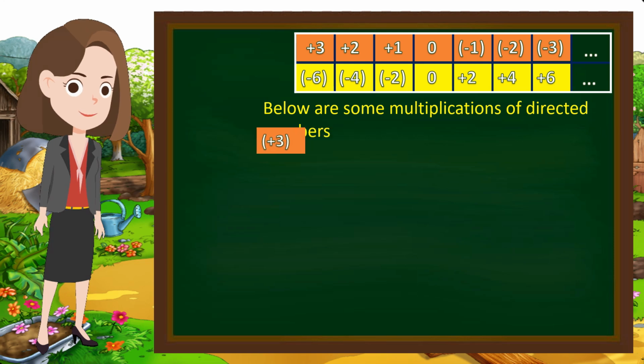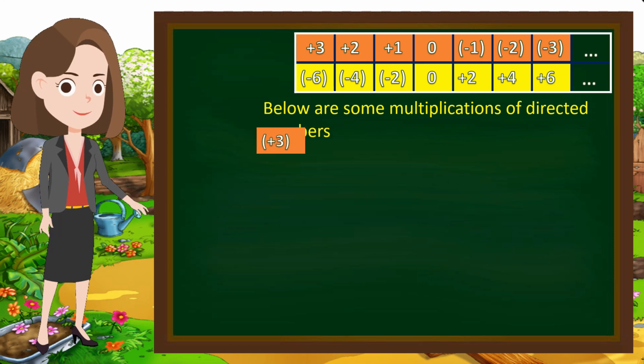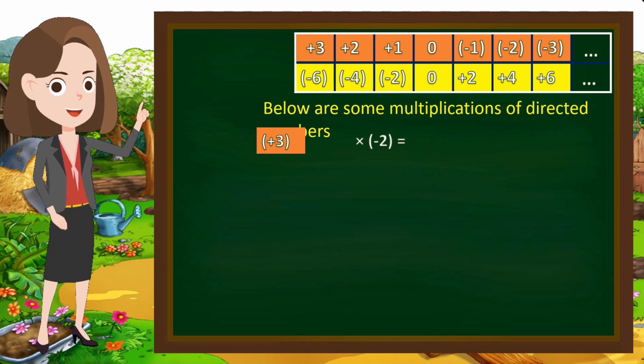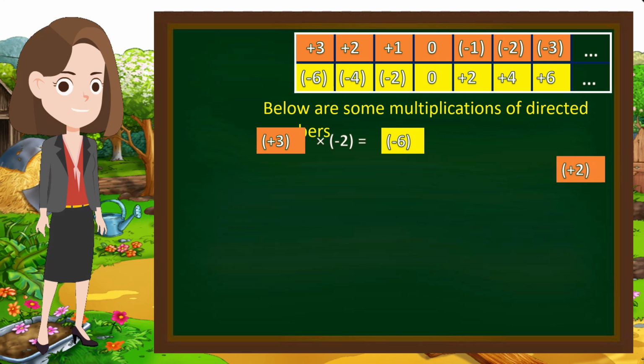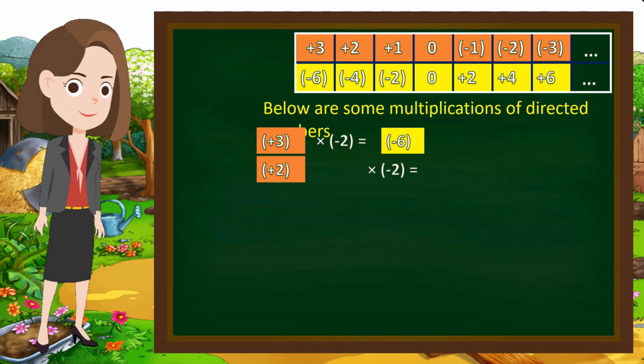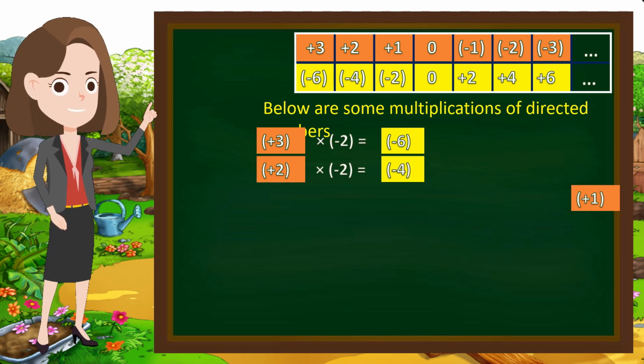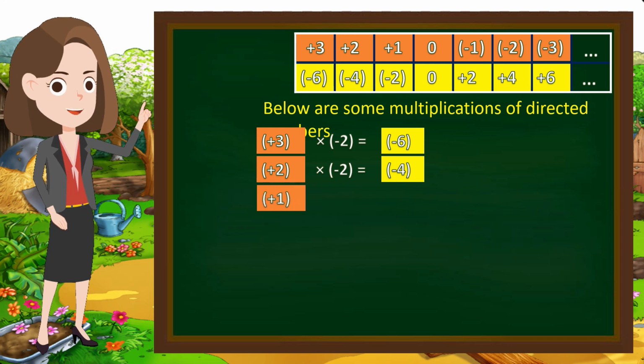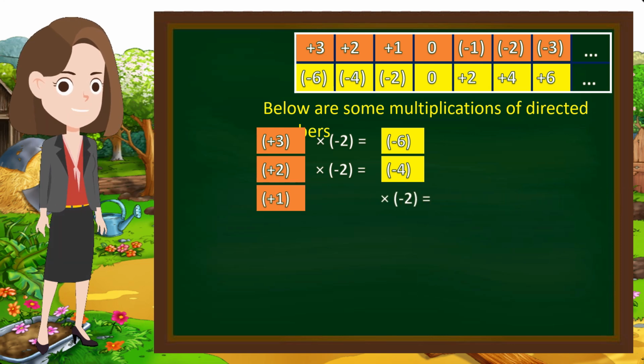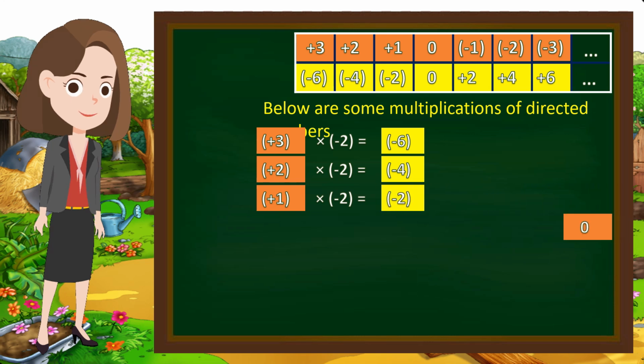The answer of the plus 3 multiplied by the minus 2 is minus 6. The answer of the plus 2 multiplied by the minus 2 is minus 4. The answer of the plus 1 multiplied by the minus 2 is minus 2.